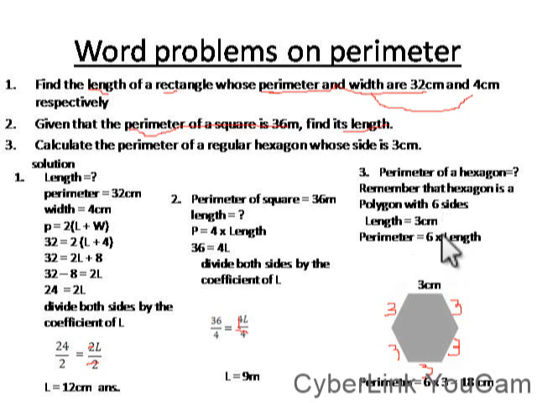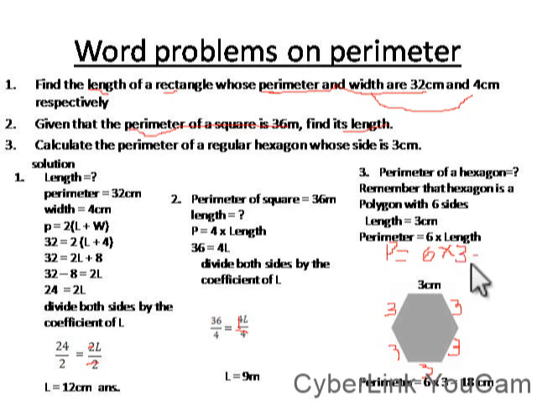Then as for this particular question, the perimeter is equal to 6 from our formula, times the length. What is being given to us as the length? 3.